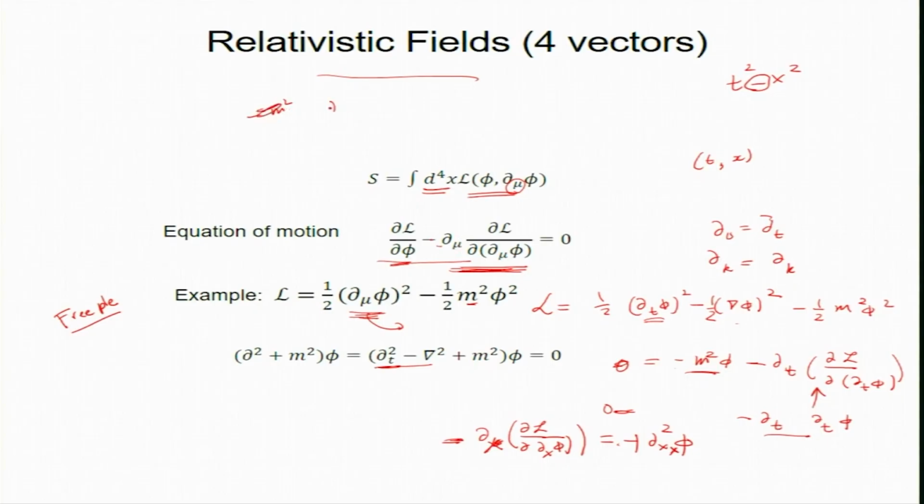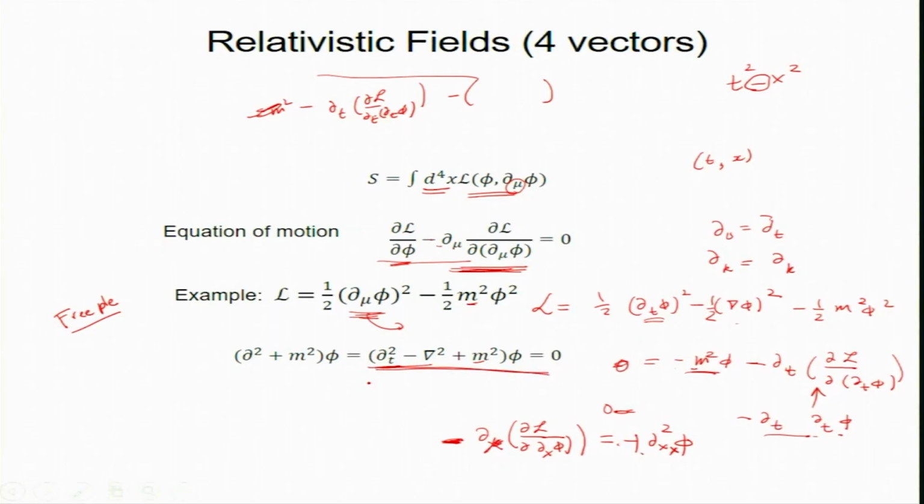This has d by dt of partial dt dt phi, and this is a minus sign, and the same thing with x. There is a minus sign here, so the minus becomes plus, plug that in. I have taken this to the left hand side, this is minus m squared, so going to the left it is plus m squared. This is minus d by dt dt, so that becomes plus, and this is plus, it becomes minus. So, this is the equation.